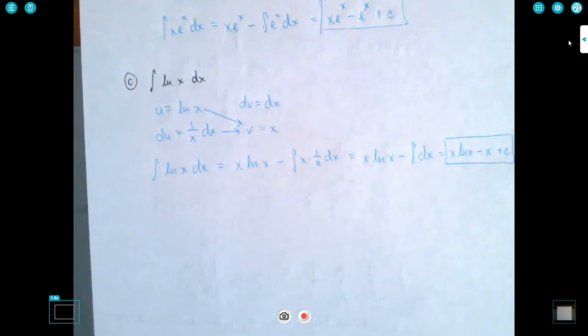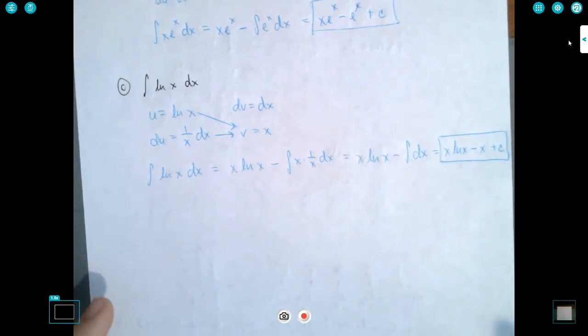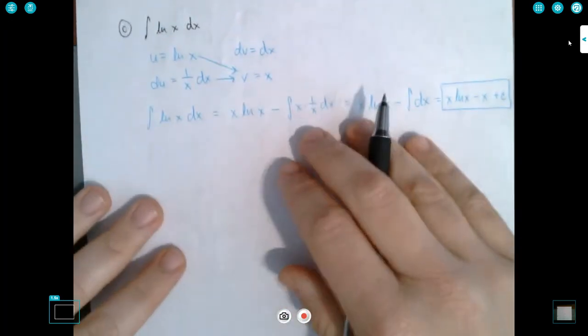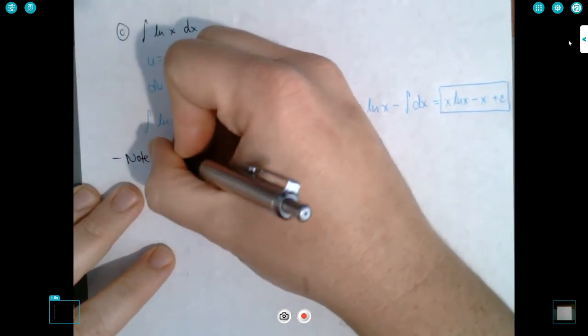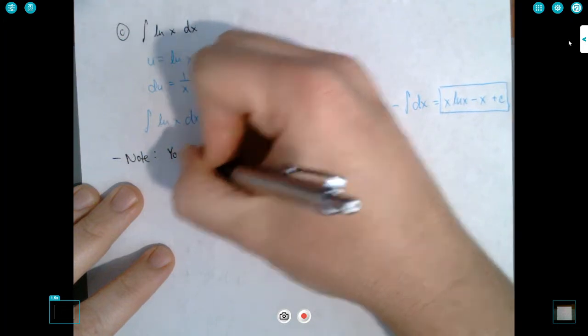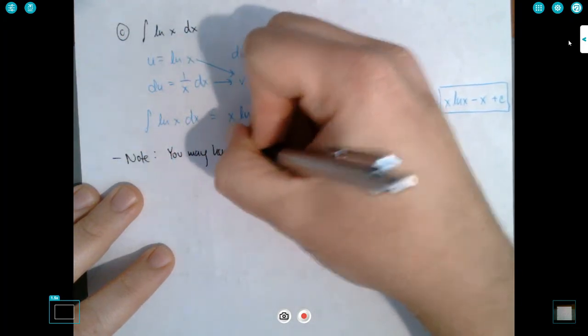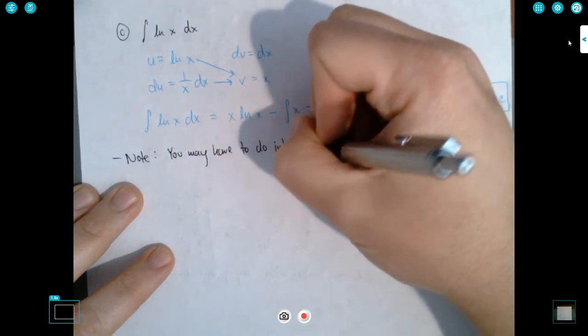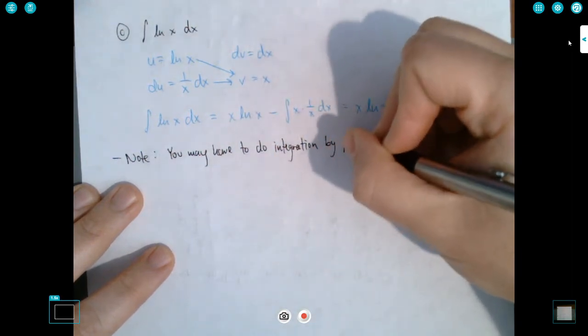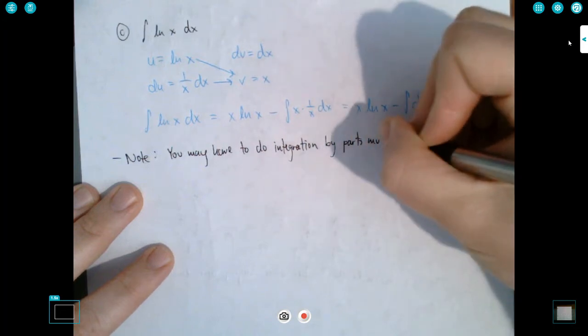Another thing that I want to point out to you is that you may have to do integration by parts multiple times in order to get something that you can actually integrate.